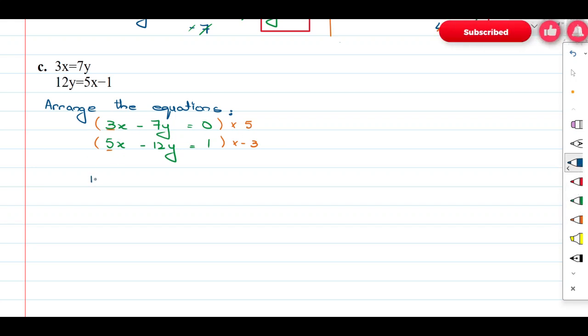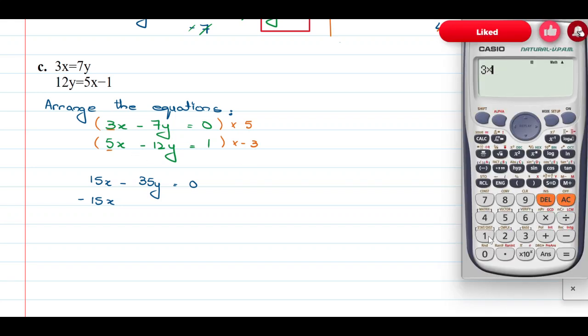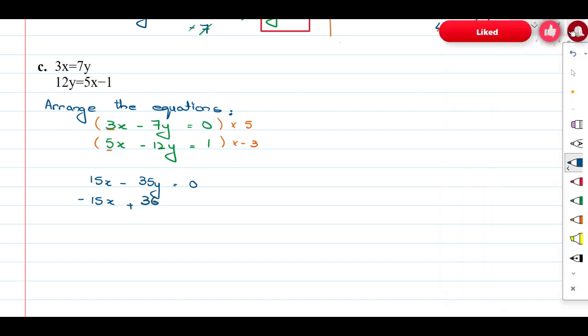Okay, now let me solve this. 5 times 3 is 15x minus 5 times 7 is 35y is equal to 5 times 0 is 0. 3 times 5 is negative 15x, minus 3 times minus 12. Negative times negative is positive, and 3 times 12 is 36, positive 36y equals 1 times 3, minus 3, right?